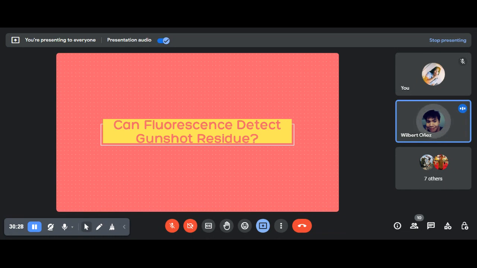Can fluorescence detect gunshot residue? Yes, fluorescence can also be used to detect gunshot residue on the hands or clothes of a suspected shooter. There are several different types of residues found in ammunition and explosives which fluoresce.